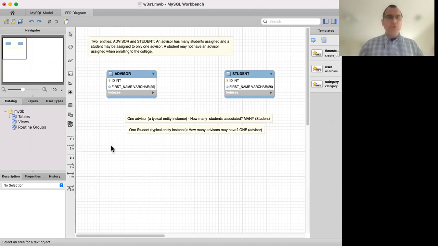Now, there is also something that I generally need to do before I can draw the relationship in MySQL Workbench. I need to decide if this is a strong or weak relationship. And there are many ways to decide that. Basically, it's based on seeing if I have an entity that is dependent on another entity to exist.